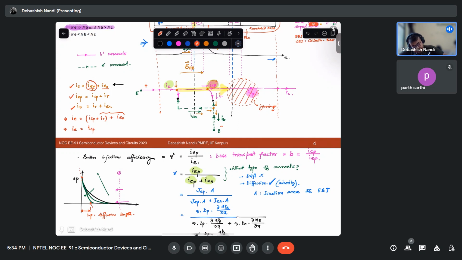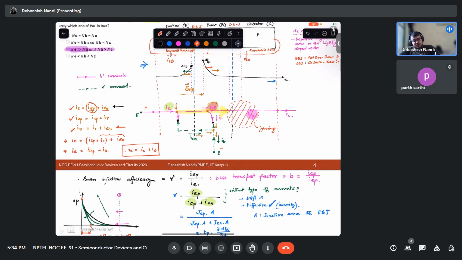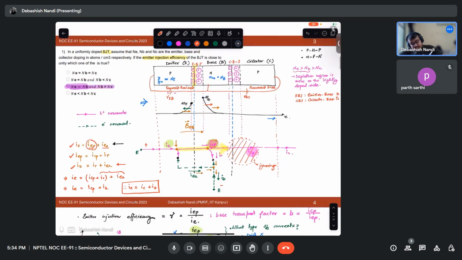This is your ICP plus IB from this relation. So we can also see that IE is equal to IC plus IB. Or, in a broader sense, the current entering here, IE, would be equal to this IB plus this IC.